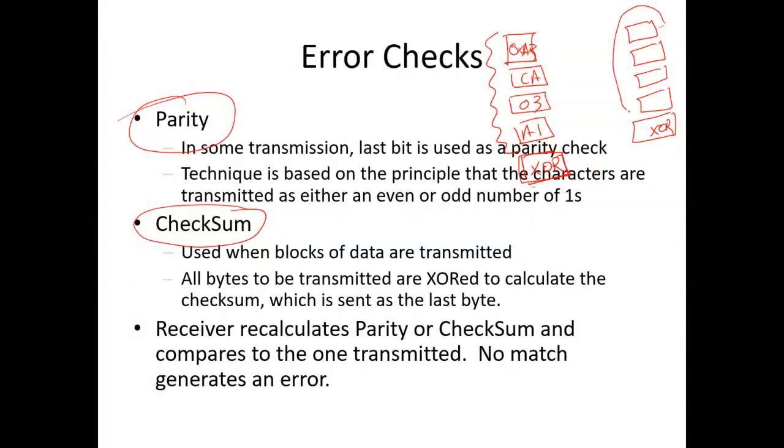The receiver can calculate the XOR of this data, and then compare the received XOR with the calculated XOR. If the received XOR is the same as the calculated XOR, it is okay, we don't have an error in the communication. But if the calculated XOR is not the same as the received XOR, that means there is a problem. This is what checksum error check means.